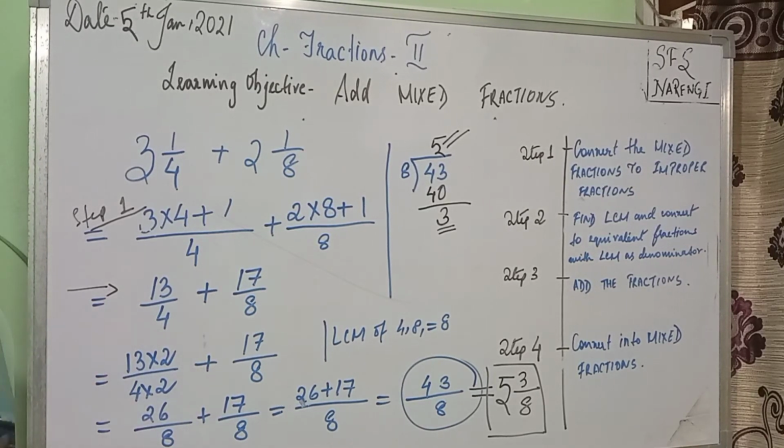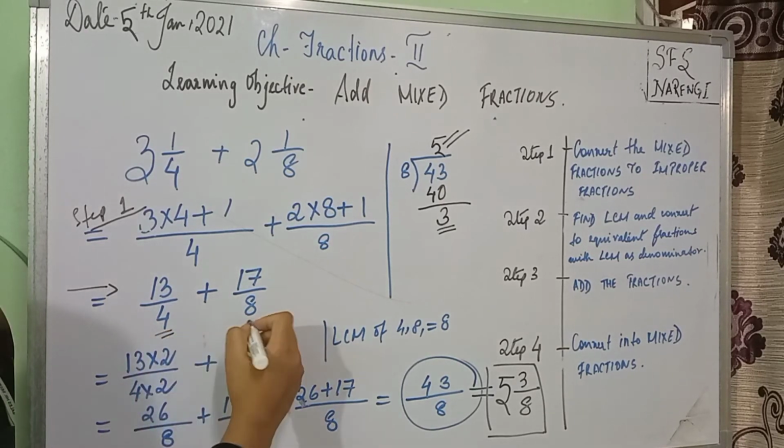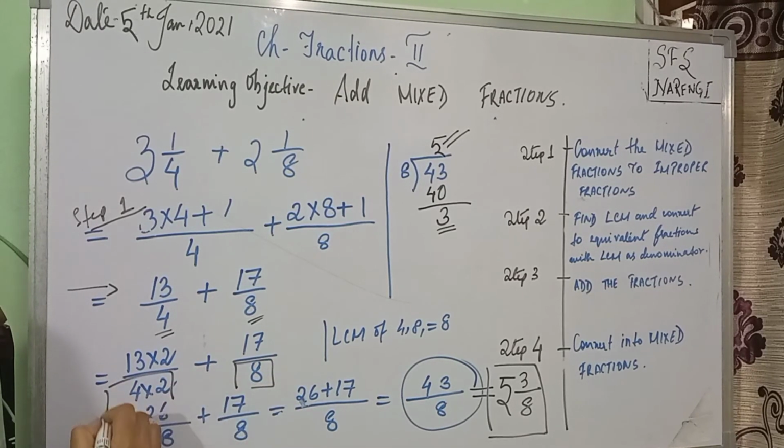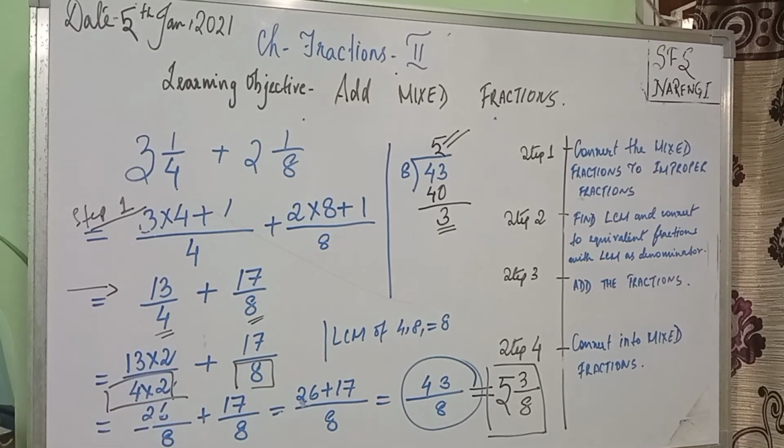From here, children, we go back to the process of adding improper fractions, or adding unlike fractions. I see that the denominators are not the same. What will I do? I will find the LCM of the denominators, and then convert them into equivalent fractions with the same denominator. Once I have the equivalent fractions, all I will do is add up the numerators.